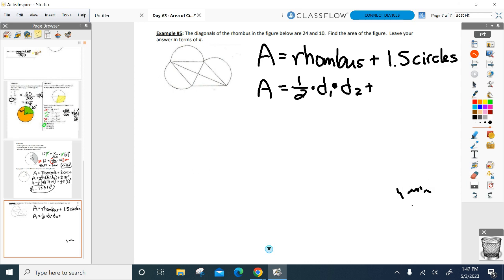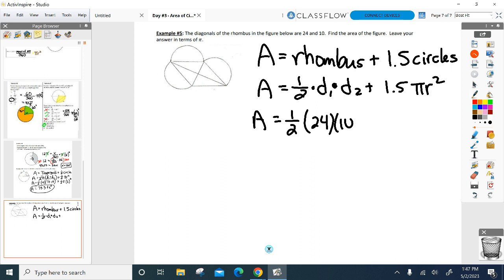Plus, we already went over a circle, so I won't ask anybody: 1.5 pi r squared. Lucky for us, they give us the diagonal lengths automatically, so it's going to be one half of 24 times 10 plus, ooh, we got to do a little work now for that radius.